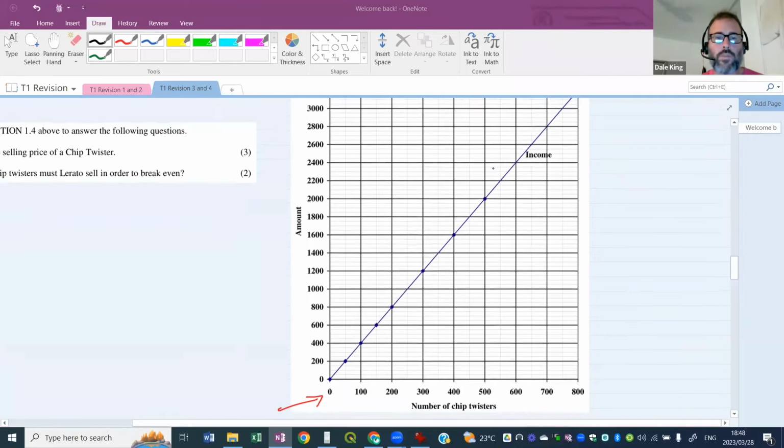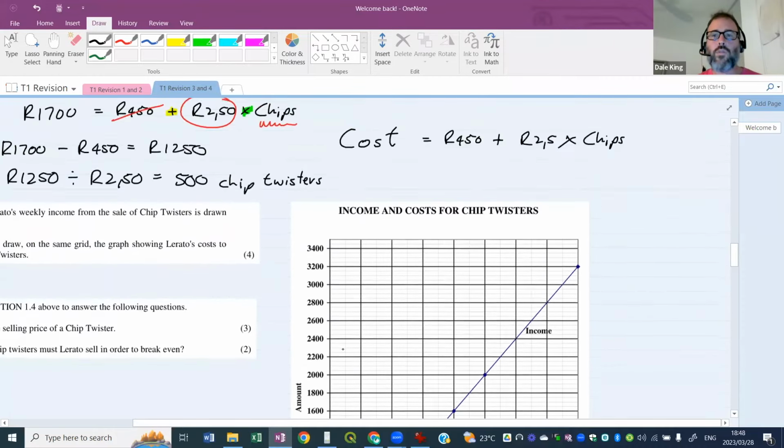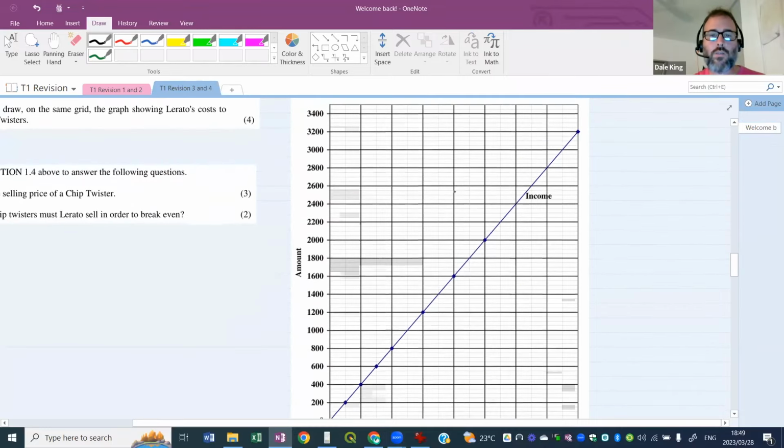If we look at 0 chips, all right, so down here at the bottom, 0 chips, if you look at the formula again, if we put 0 in here, that'll be 450 Rand plus 2 Rand 50 times 0. Now 2 Rand 50 times 0 is 0. So it's just going to be 450 Rand. Okay, so for 0 chips, this will just be 450 Rand because 2 Rand 50 times nothing is nothing. So the cost if she sells no chips in a week are still her fixed costs, which is 450 Rand.